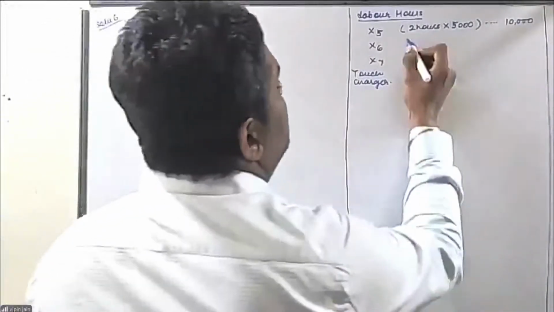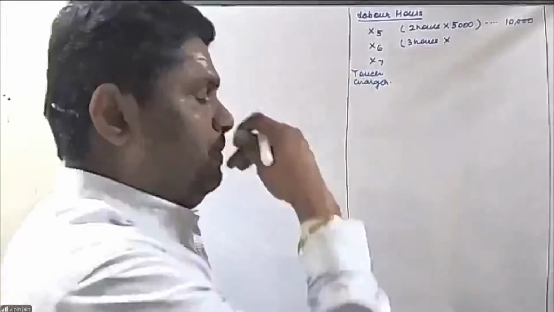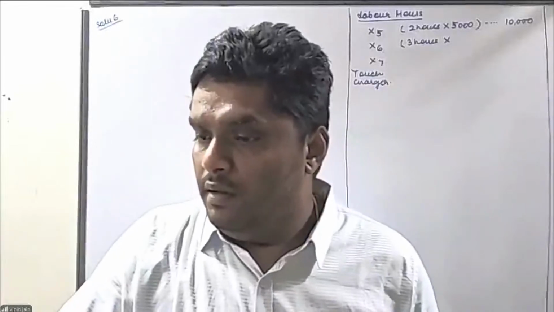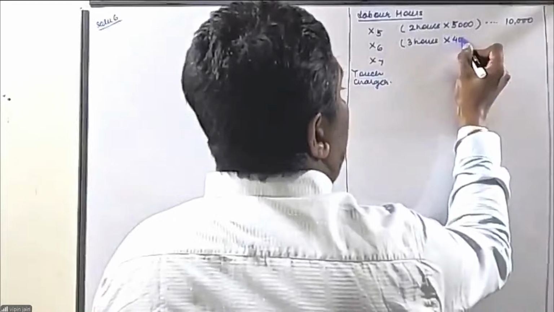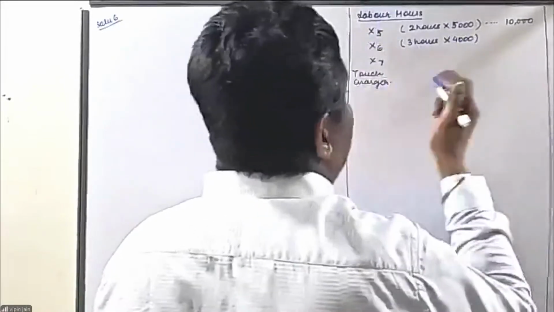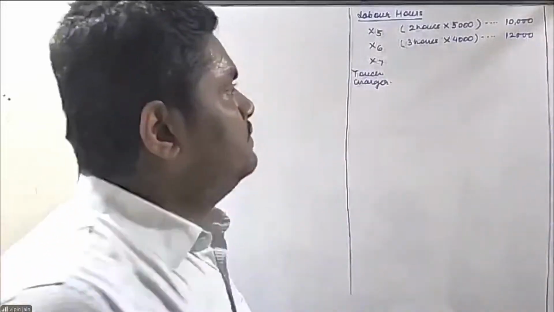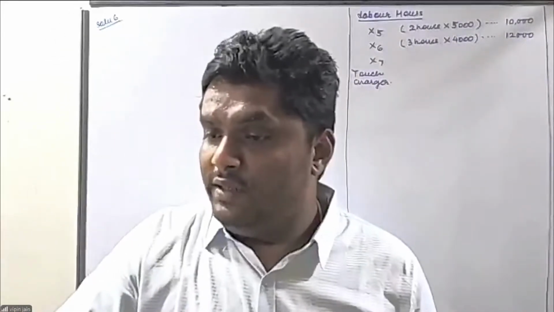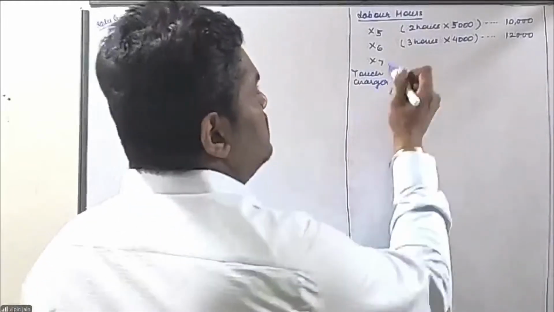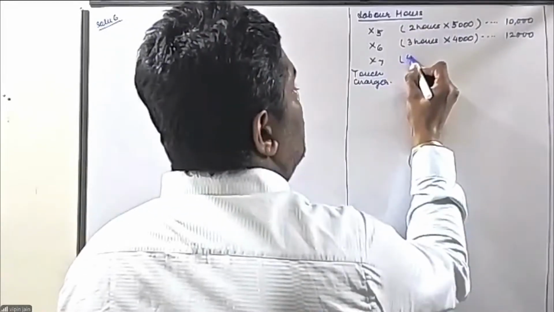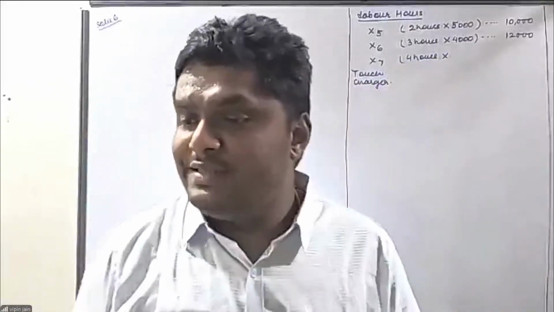Similarly, for X6 it is 3 hours, into the annual demand of 4,000. So this will be 12,000. Further, for X7, we are paying 2,000 rupees as the labor cost. So 4 hours into 3,000.